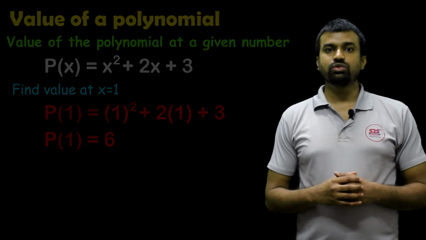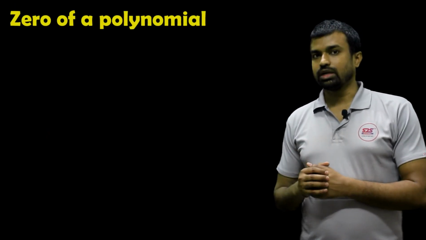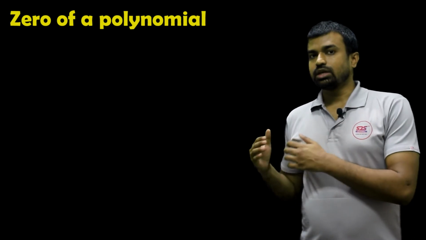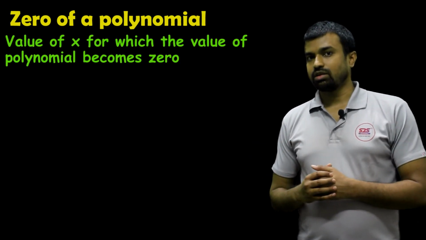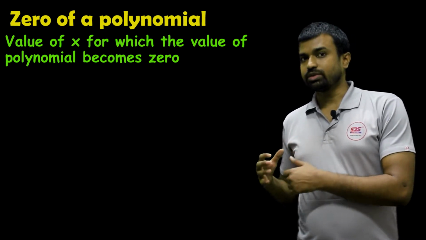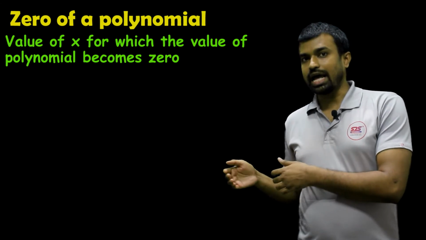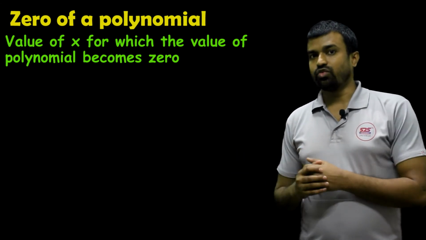Now let's move to the zero of a polynomial. The zero of a polynomial is basically that value of x at which the value of the polynomial becomes 0, when we replace all x by that value.